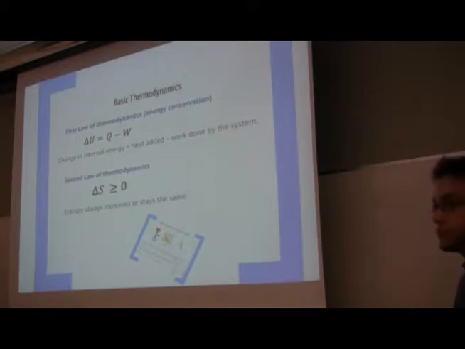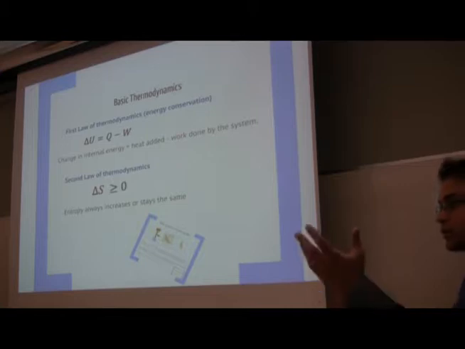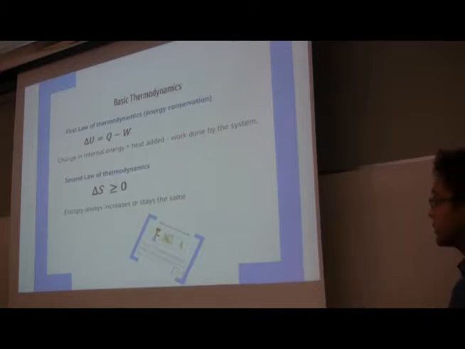So delta U refers to change in the internal energy of the system. So that could mean many things. You can have changes of state, water becoming ice, water becoming water vapor. So you can have all kinds of things going on there. Q is the heat added, obviously whatever comes in. W is the work done. So the heat added minus the work done is, of course, a change in the energy of the system.